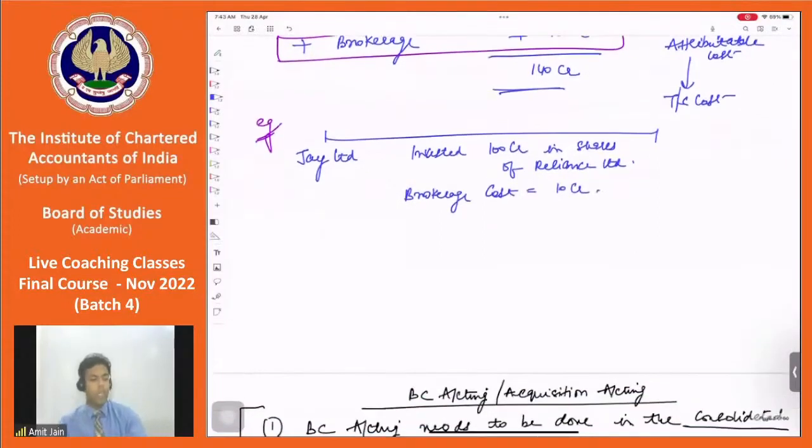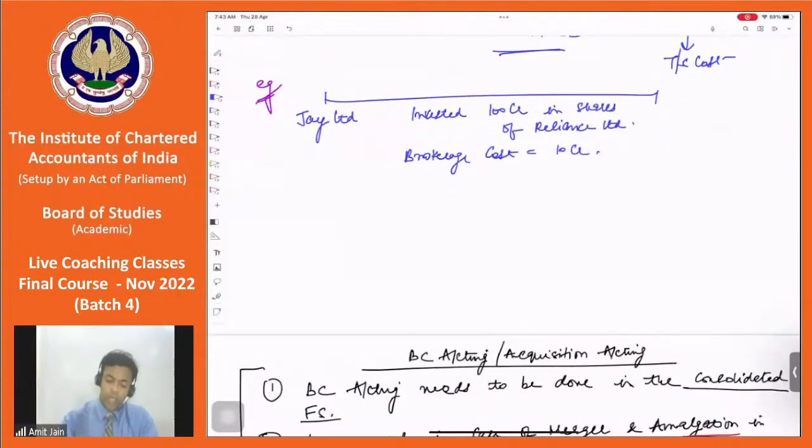Now, Jay, tell me what is the accounting entry you will pass in this example?